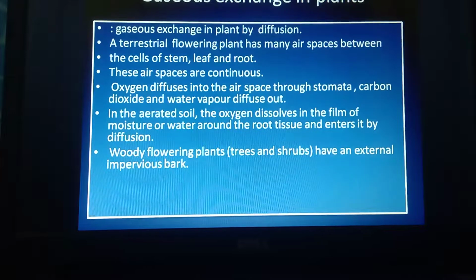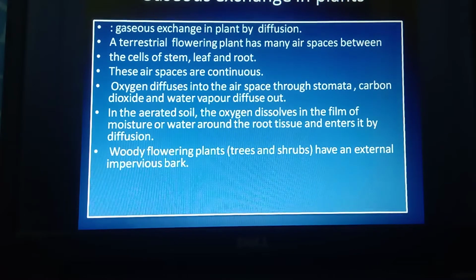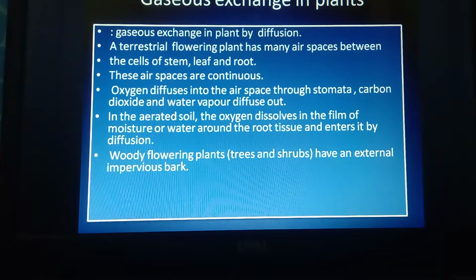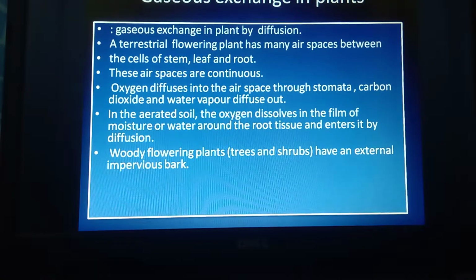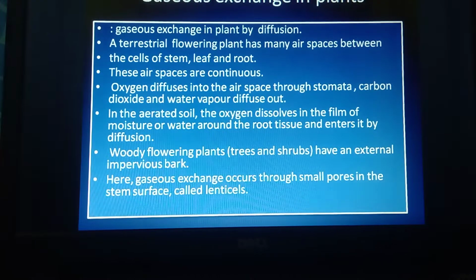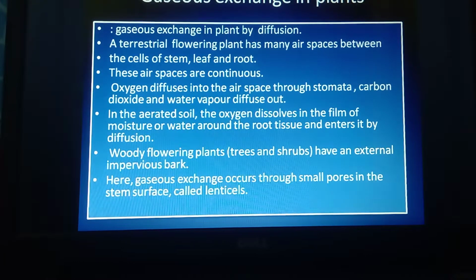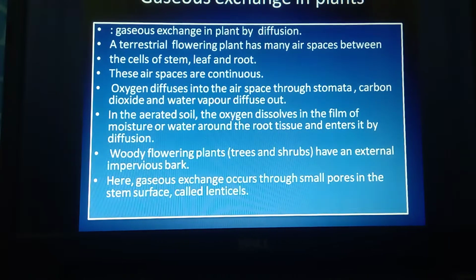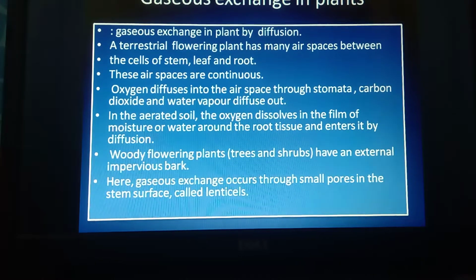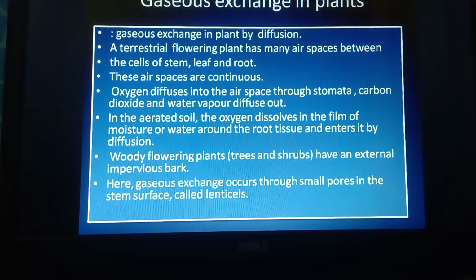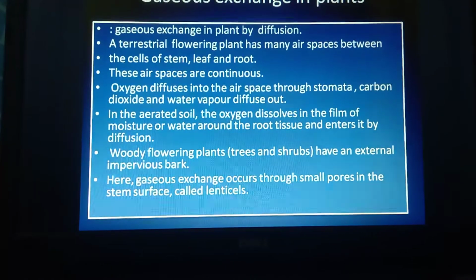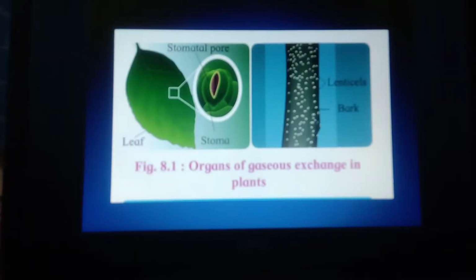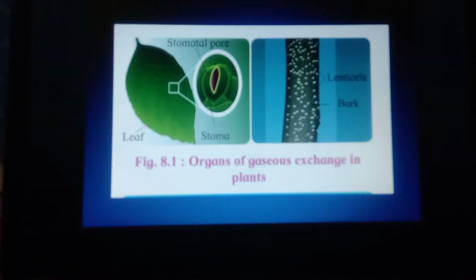In the case of woody flowering plants like trees and shrubs, they have an external impermeable bark, and here the gaseous exchange occurs through small openings on the surface of the stem called lenticels. Here, with the help of a diagram, one can make clear the stomata and the lenticels.